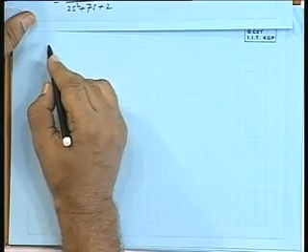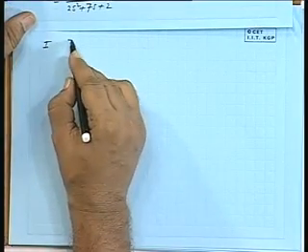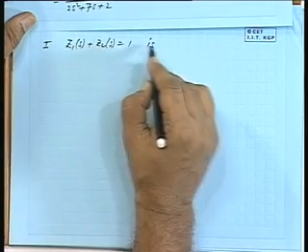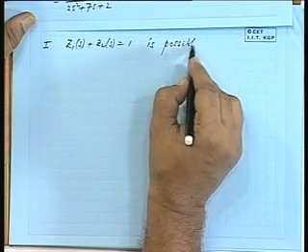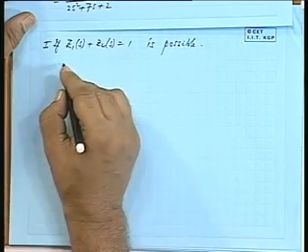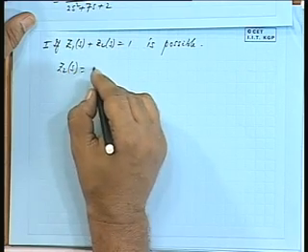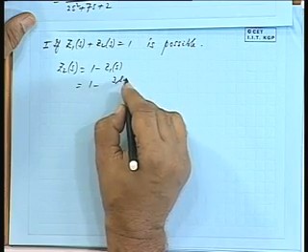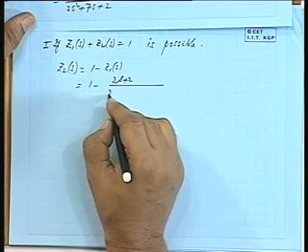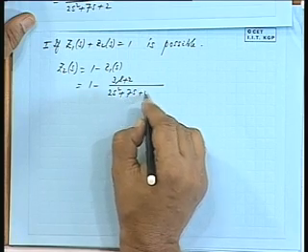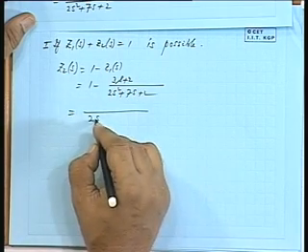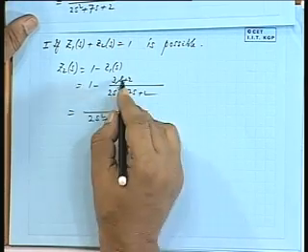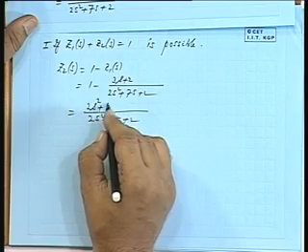If that is possible, then Z2s will be 1 minus Z1s, and what is that? 3s plus 2 divided by 2s squared plus 7s plus 2, that is equal to 2s squared plus 7s plus 2 minus 3s, so 2s squared plus 4s.